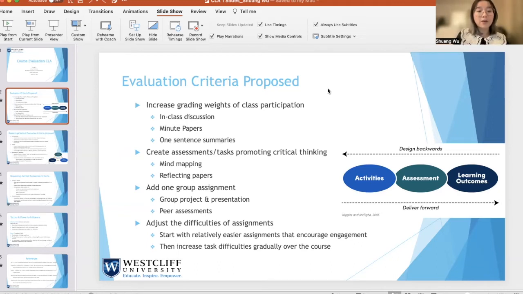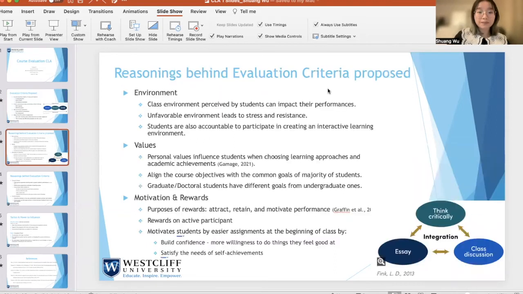The last proposal I made is to adjust the difficulty of assignments over the progress of the course. We can start with relatively easier assignments that encourage student engagement at the early phase of the course and then gradually increase the difficulty over the course.